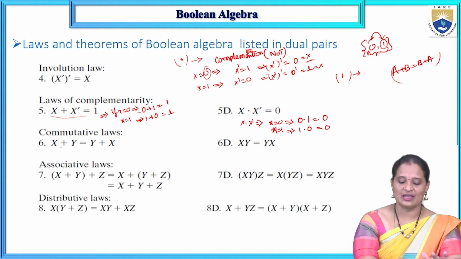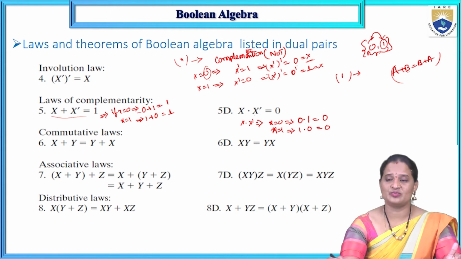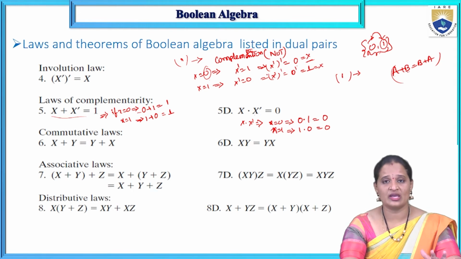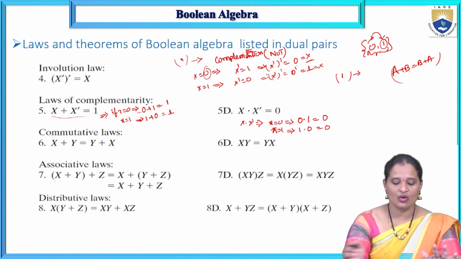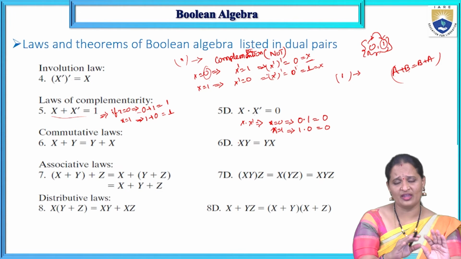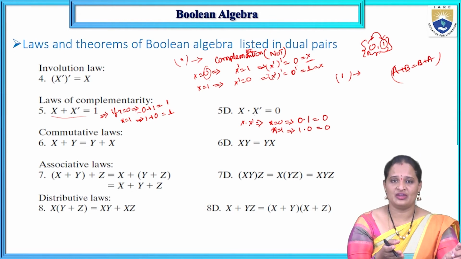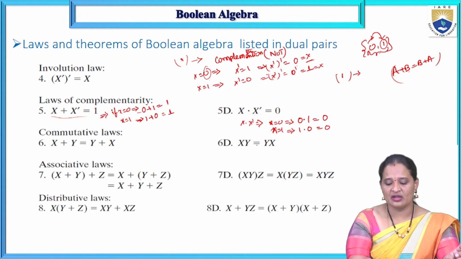So here also the same thing, x plus y is equal to y plus x, where a plus b can accept any value, but here x and y can accept only 0 and 1. So whenever you are performing the OR operation, you can interchange the variables. And similarly, x dot y is also equal to y dot x.